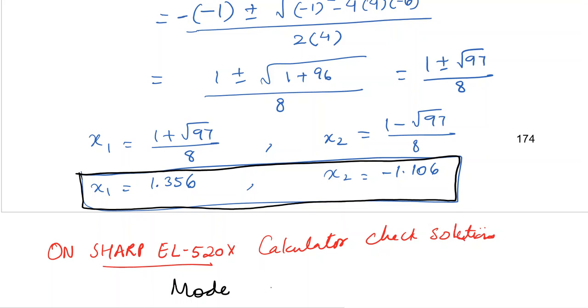You press mode and then choose number 2 for the equation mode, and then again choose number 2 for the quadratic mode. Then it will ask you to plug in the values of a, b, c. If you keep pressing enter, it will give you the two values x1 and x2 in the end.